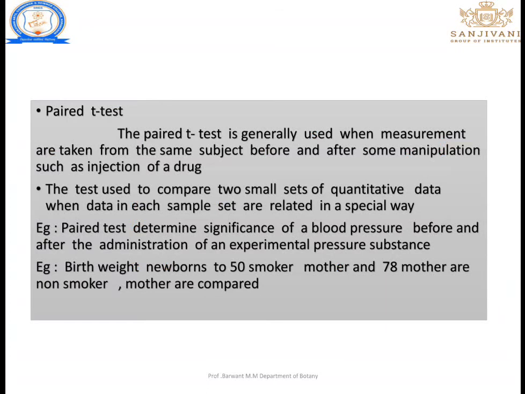Measuring before and after administration of a drug and comparing both rates is known as a paired t-test. The birth weights of babies of 50 smoker mothers and 78 non-smoker mothers is a comparison measured in one population.